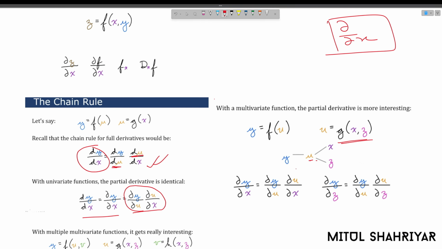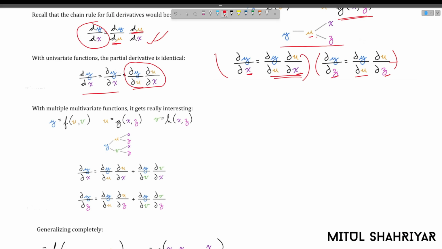Here you can see the partial derivative with respect to x, the same as we did earlier, dy by du and du by dx. And it helps with y, x and z, right? So for x we had it here, and for z we had it here. That's it, simple as that. So let's see how it works.